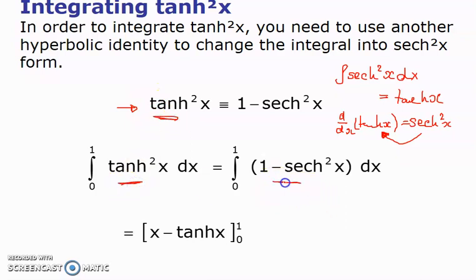So that's interesting. Notice then I'm trying to integrate tan squared. I make it into sec squared, and the answer, because 1 becomes x and sec squared becomes tan, the integral of tan squared is something to do with tan. I think I like the symmetry of that. But anyway, I have to put 1 and 0 into this. So 1 gives me tan of 1. You can easily type in tan of 1 on your calculator.